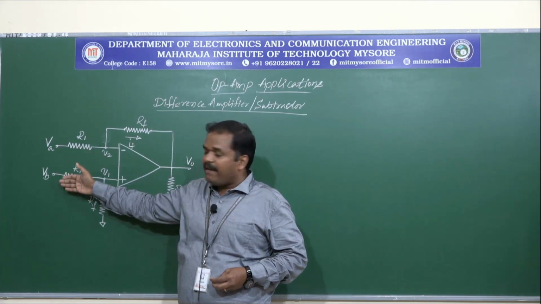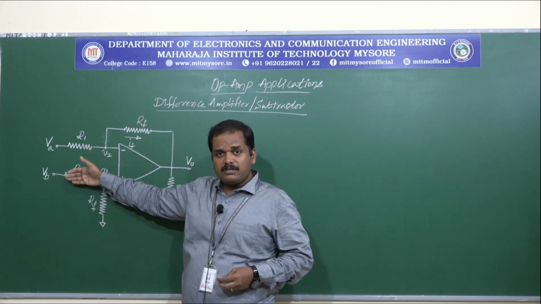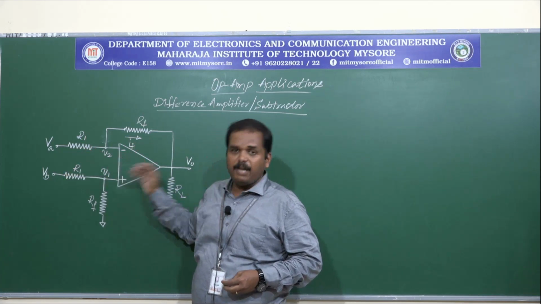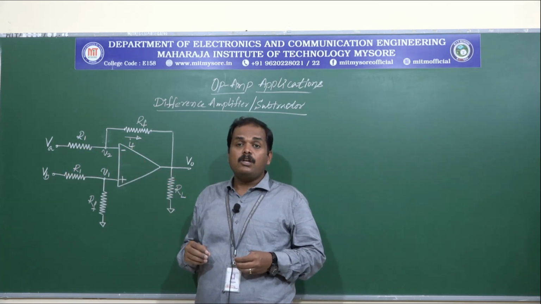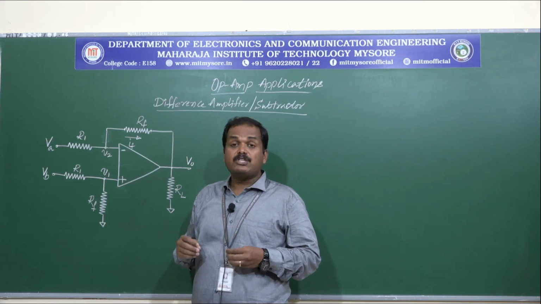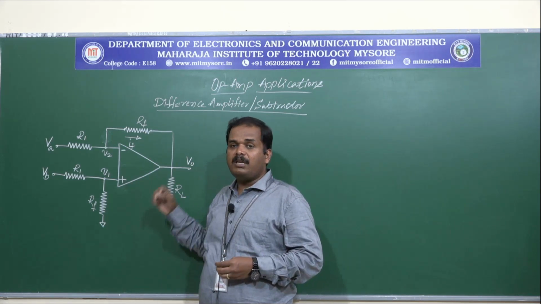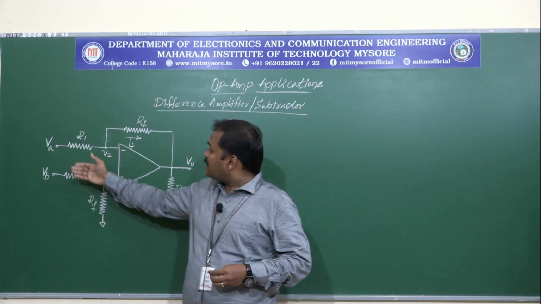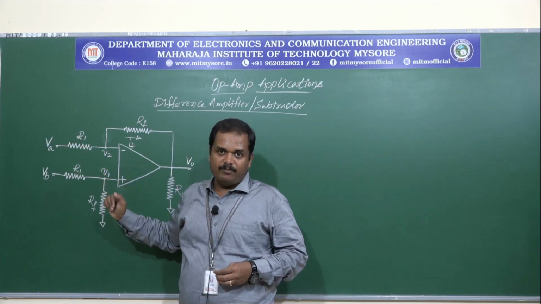Now because we have two input sources connected to two different input terminals, we will be using the superposition theorem, which allows us to determine the outputs considering one input at a time.